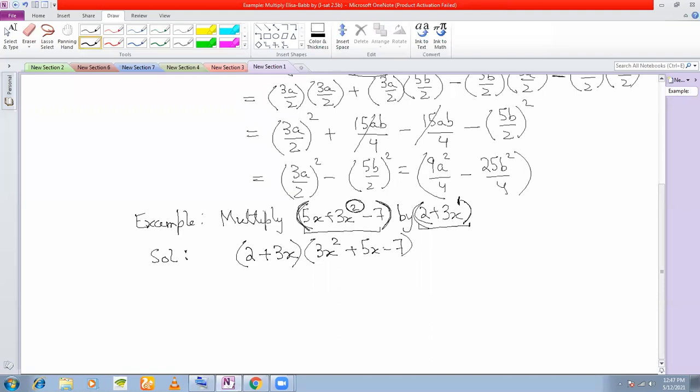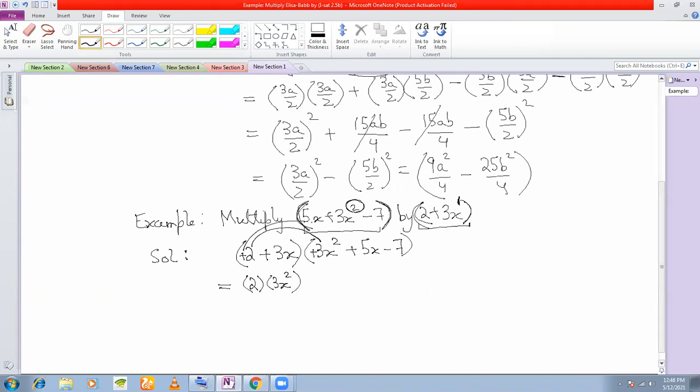Now writing this way is not necessary, okay? But if you write it this way, it will be a little more convenient. You can write it in any order you want. The process of multiplication will remain the same. We will multiply everything term by term. Now see here, there is a plus sign here and there is a plus sign here. So these two plus signs will combine to give you a plus sign, and we'll multiply 2 and 3x square.